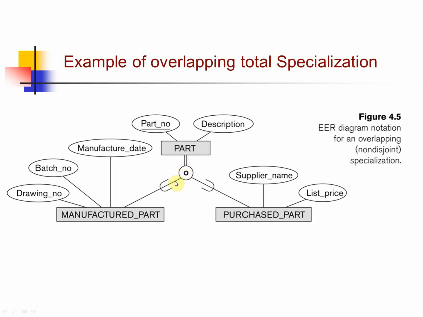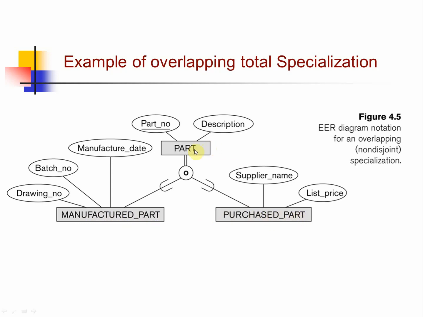We have an O that we put over here, with a double line and an O operation. What I'm trying to say is that for the parts that we are going to use, they can be manufactured parts or purchased parts.